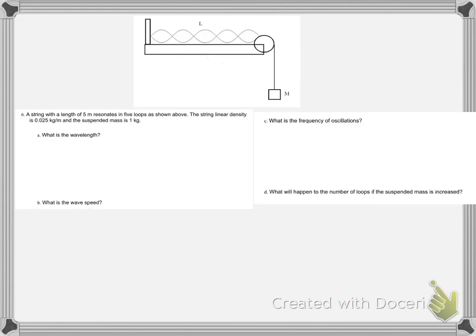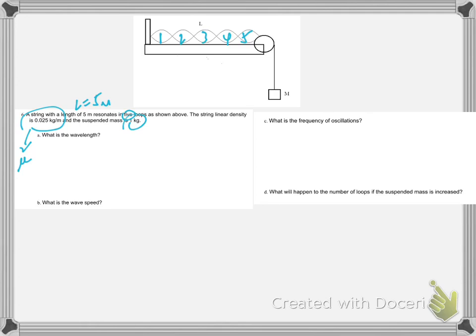Number 6, a string with a length of 5 meters resonates in 5 loops. Here's the 5 loops. The string's linear density is 0.025 kilograms per meter. That's mu. And the suspended mass is 1 kilogram. What's the wavelength?